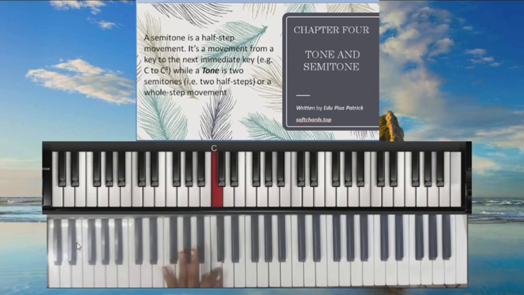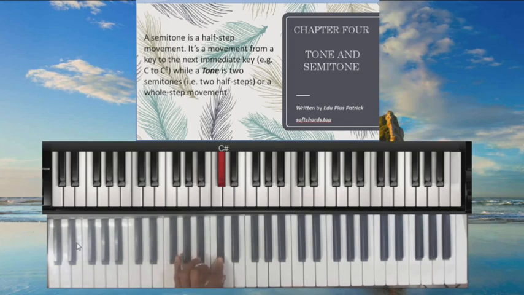If I move forward, that is sharp. If I move backward, let's say this is D and I move backward, that is flat. Do you understand that? Moving from a key to the next key backward is a flat. If you're moving from a key to the next key forward, it is a sharp. Beg your pardon.